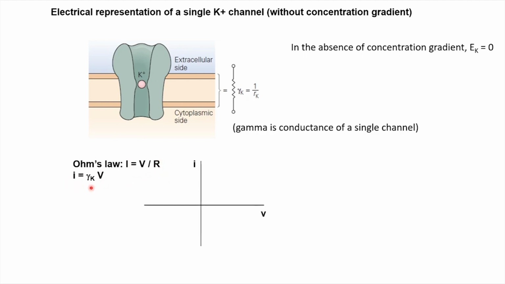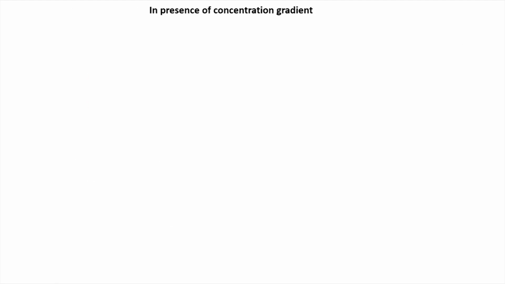So current is simply gamma k times V, which basically corresponds to a line like this, and gamma k corresponds to the slope of this IV curve, as it is called. So if you have a larger value of V, you will have a larger I, which is equal to gamma k times the value of V.